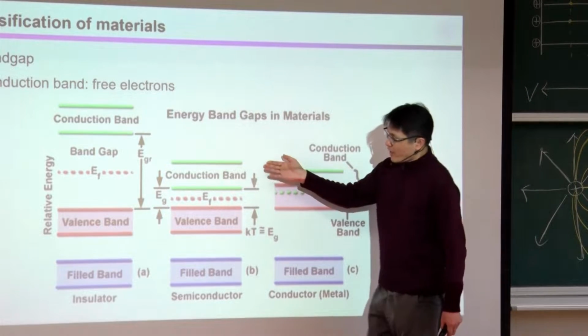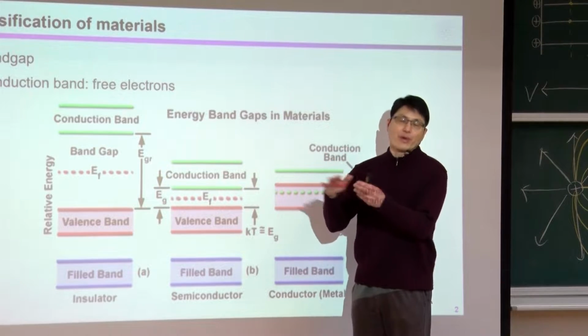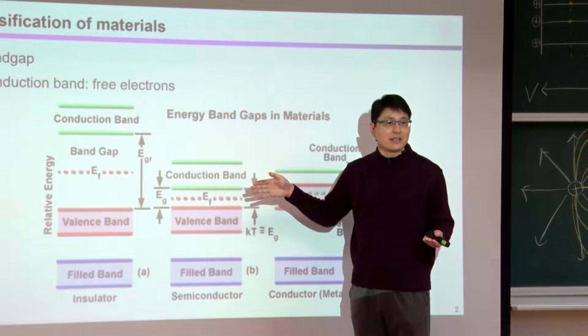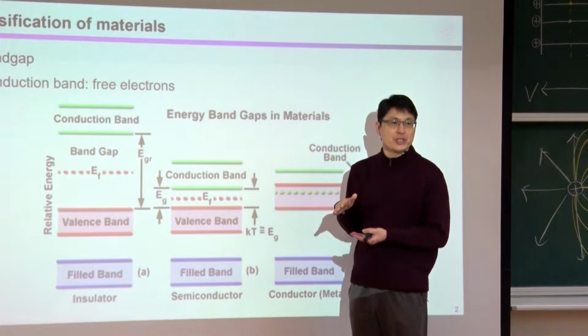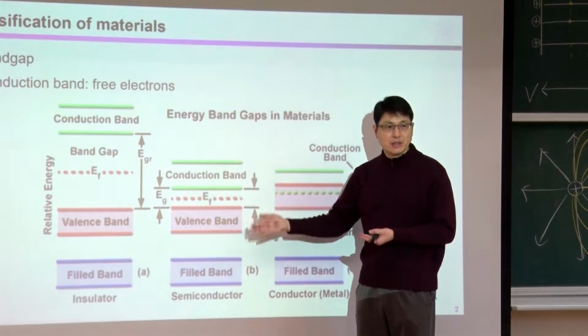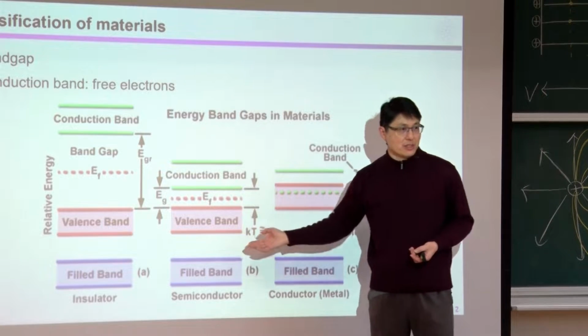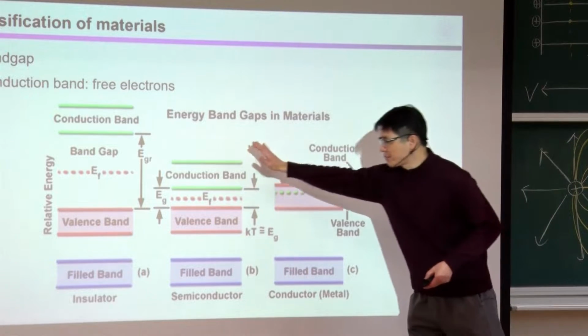And of course, you have material lying somewhere in the middle, where without applied potential difference, it does not conduct current. But when you apply above a certain voltage difference, it starts to conduct current. So those are called semiconductors, like silicon, gallium arsenide.